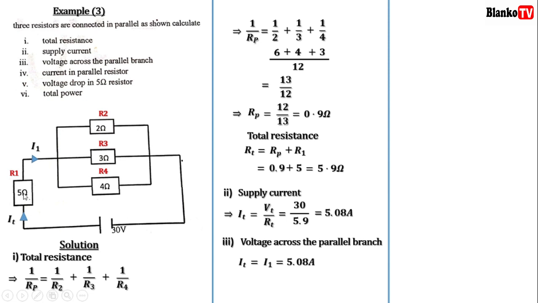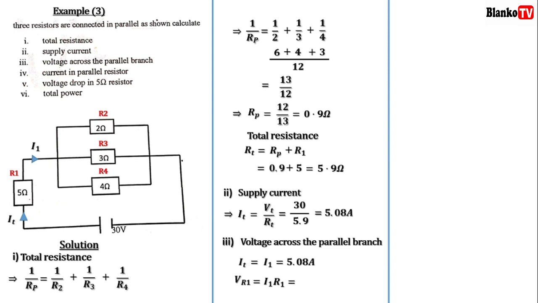I1 is the same current that flows through R1 and is the same as the supply current. So we have IT equals I1, which is equal to 5.08 amps. So what we do is we calculate the voltage across resistor R1, which is VR1. We use the formula I1 multiplying R1.